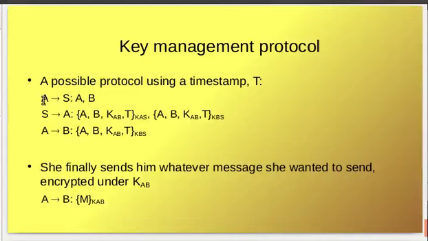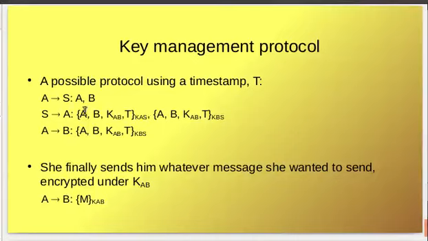So Alice sends Sam a message with the identities of Alice and Bob. These are, let's say, user IDs or whatever. Sam replies with Alice's ID, Bob's ID, and the key that Alice and Bob are going to use, that's KAB, along with the timestamp. And this is all encrypted using a key that Alice and Sam share.